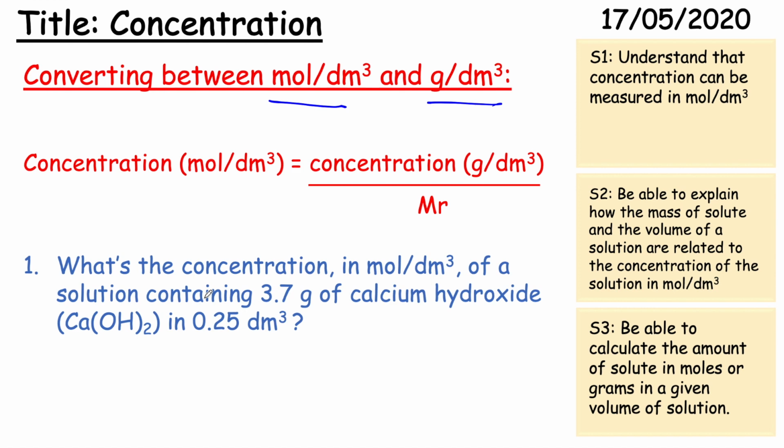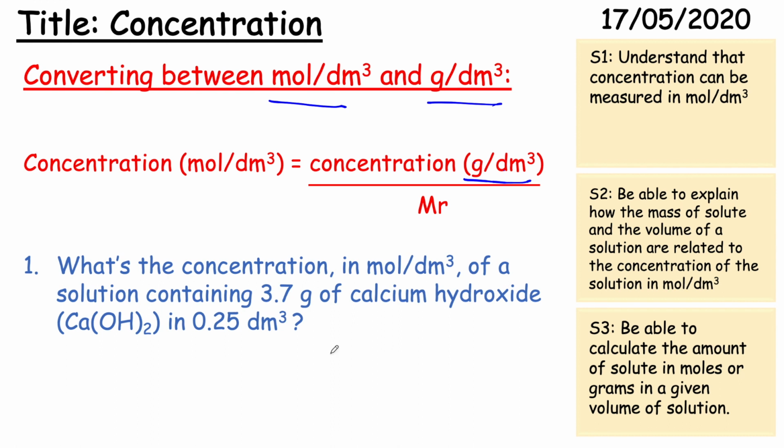Right, the first thing to do is to see what we've got from the question. So we have a mass, we have a molecular formula which tells us we have the MR, and we also have here a volume. So we don't have any of the moles, we do have a volume, and we have the MR, and we have the grams. So it's probably best that we start by calculating the grams per decimeter cubed, because that's what we have. We have both the grams, the mass, and the volume in decimeter cubed.